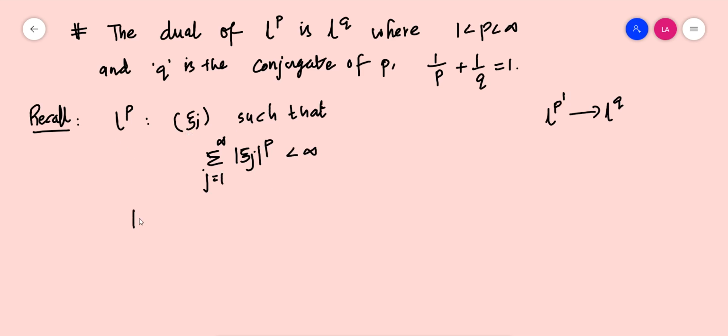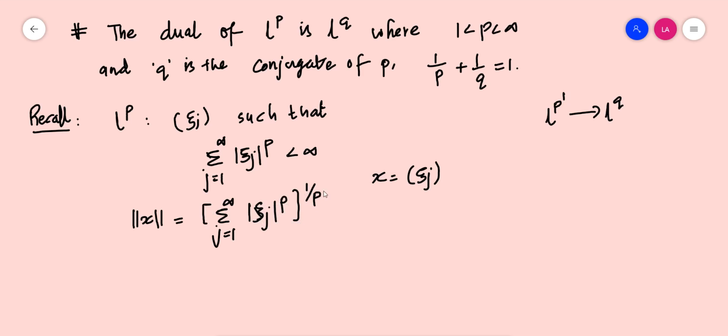Here, the norm of x, where x is the sequence zeta j, is the summation j equal to 1 to infinity modulus of zeta j raised to p, the whole raised to 1 by p. This is the norm which we have defined in LP space.